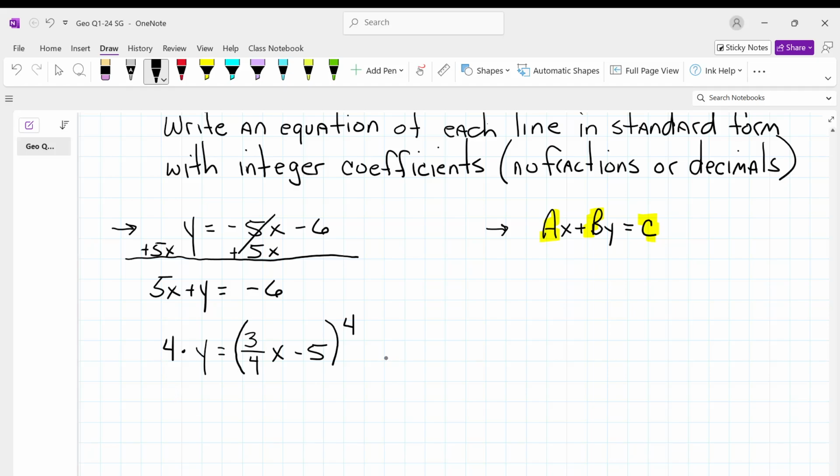And when we do that, we get 4y is equal to 3/4 x times 4. The 4's cancel out. That's why we chose to multiply by 4. And we're left with 3x. And -5 times 4 is -20.